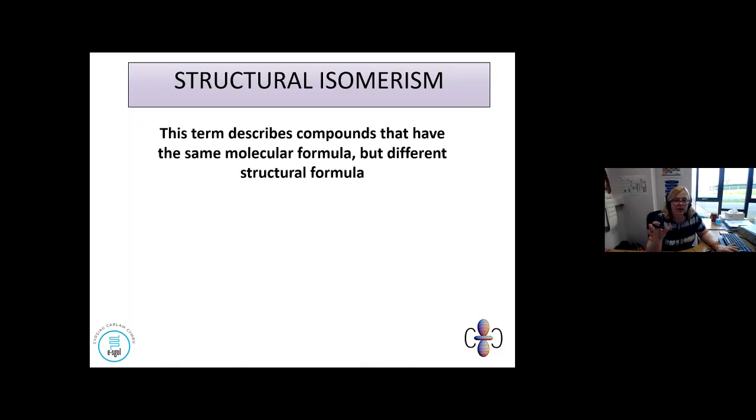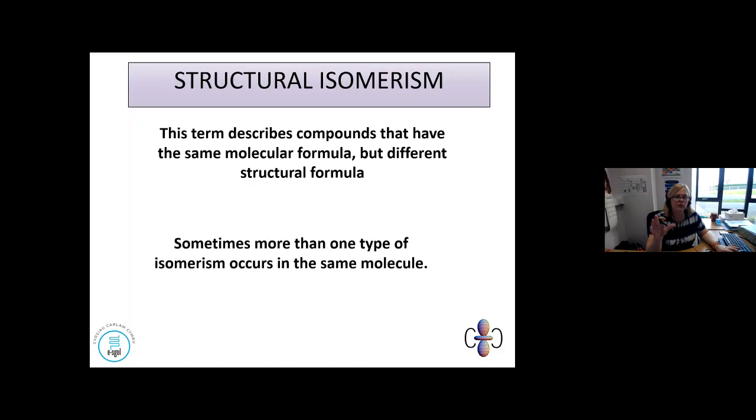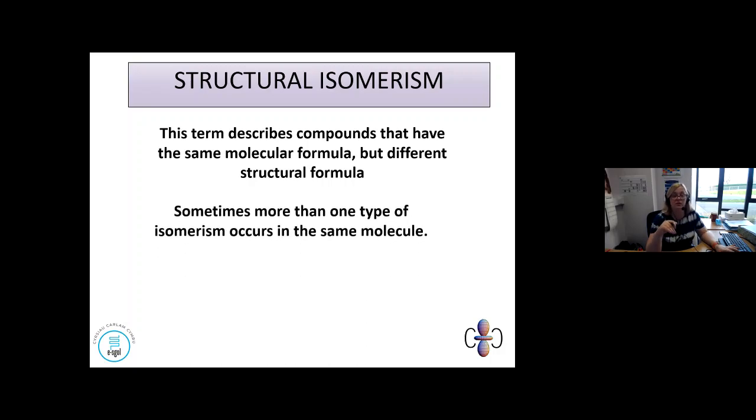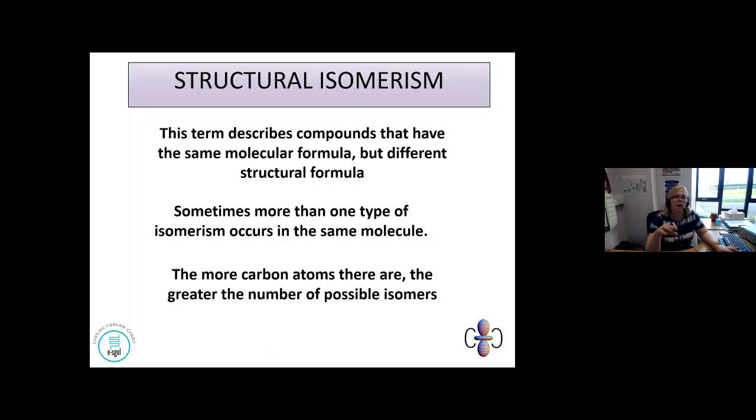Well, isomer means you've got different compounds, but they have something in common between them. So they could be the same molecular formula, but different structural formula, okay? So sometimes more than one type of isomerism can even occur within the same molecule. So the more carbon atoms there are, the more complex it can potentially be, and the greater number of possible isomers there are within that compound or formula, okay?